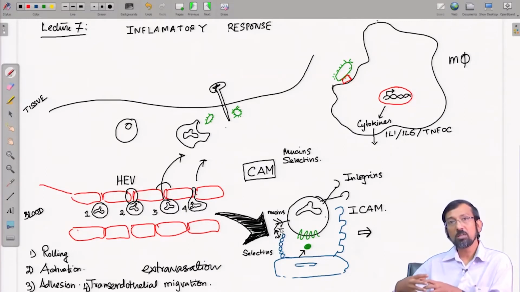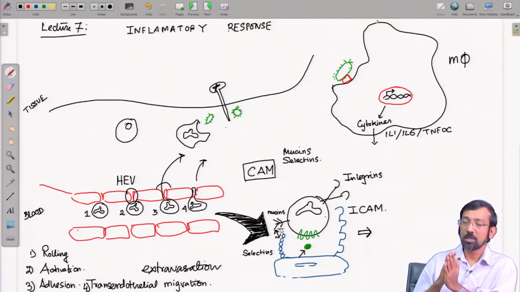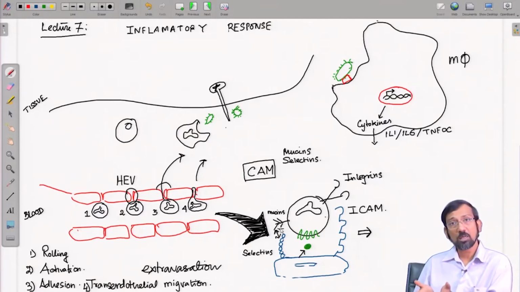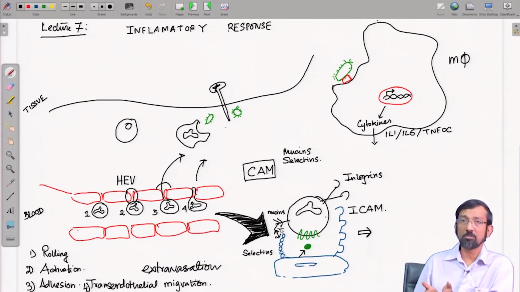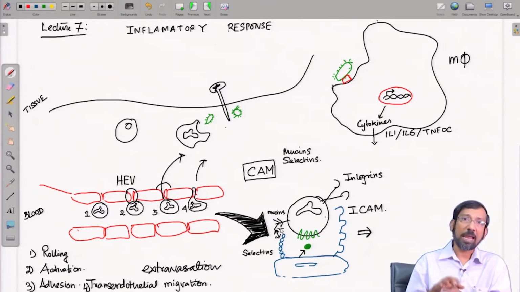The chemokines usually work by binding to specific receptors expressed by specific cell types. For example, neutrophils express a class of chemokine receptors. The T lymphocytes express a class of chemokine receptors. The B lymphocytes also express a class of chemokine receptors. So, most of the cells of the immune system have chemokine receptors expressed on their surface.